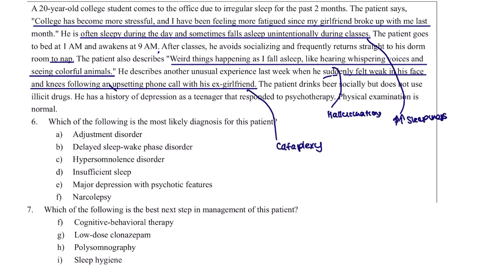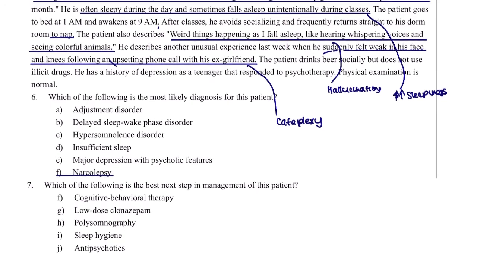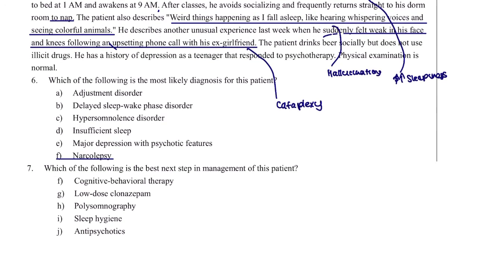He has a history of depression and that responded to psychotherapy. Physical examination is normal. Which of the following is the most likely diagnosis for this patient? The answer is narcolepsy. What is the best next step in the management of this patient? The answer is sleep hygiene.